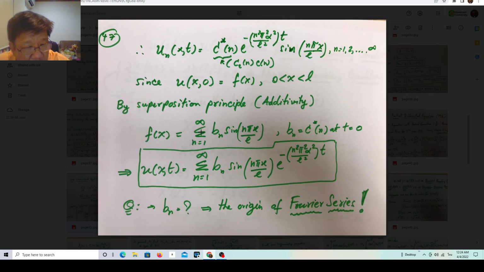Series means there is a summation from n equal to 1 to infinity, and therefore u(x, t) can be written here. This is f(x), and now you just add the term that you neglected when t is equal to 0. You put this back because now t is not equal to 0 anymore for all t.